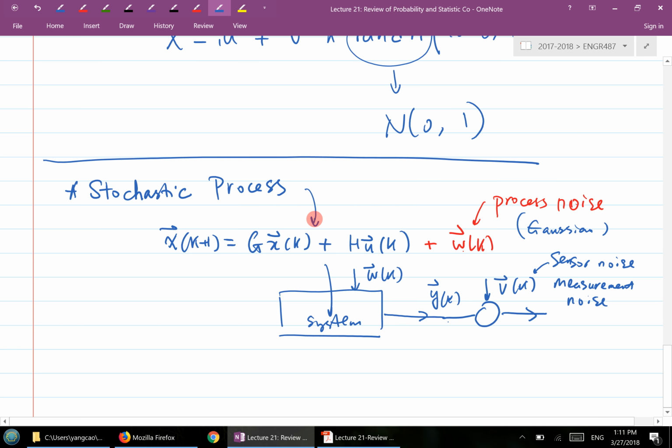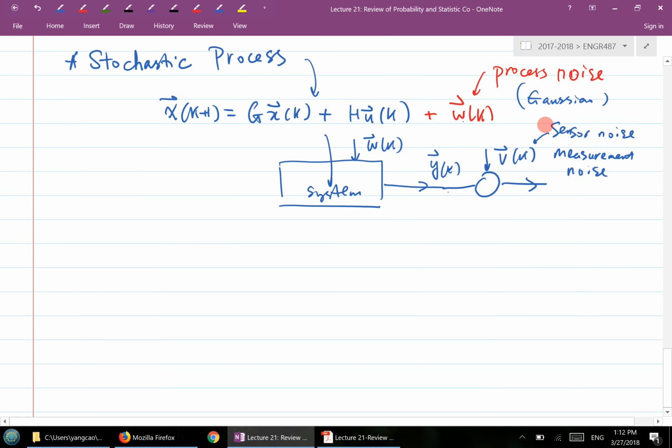If you fix your initial condition, every time you run the system, what do you expect for the output? The same, right? That's what we expect to happen. But because of the noise here, every time you run the system, it's different, at least from the observation point of view. So this is essentially the idea here.